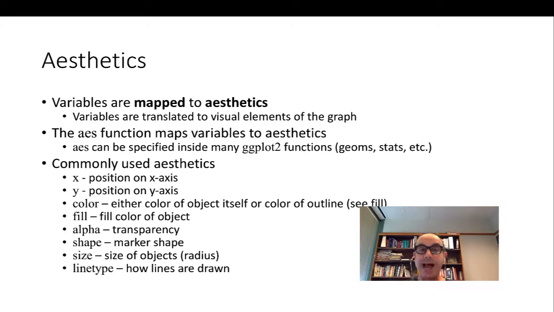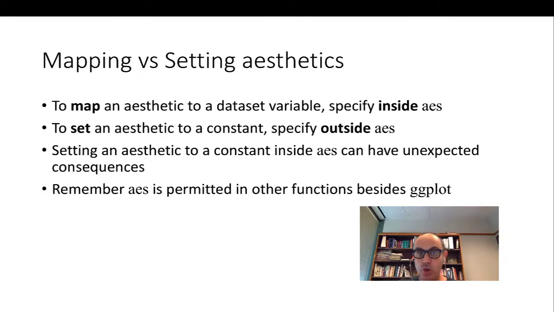So the idea here is that we can apply the x-axis, the y-axis, the color, the fill, the alpha, which is the transparency, the shape, the size, the line type. All of that is part of the aesthetic, and we need to have some grammar rules in order for us to use ggplot2.